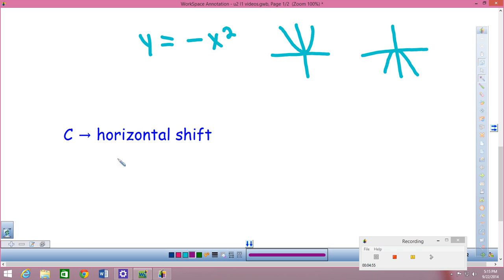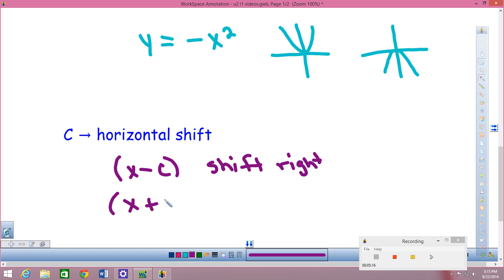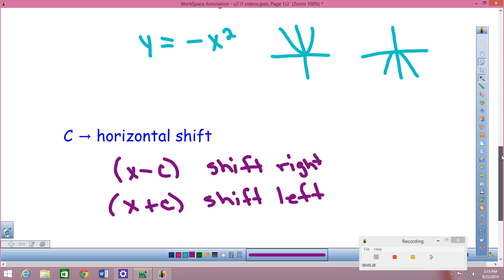And what I mean by that is, if I've got x minus c, then it actually shifts to the right. Which means if I've got x plus c, then it's actually a shift to the left. Anything that happens inside the parentheses is going to be the opposite of what we think would happen.